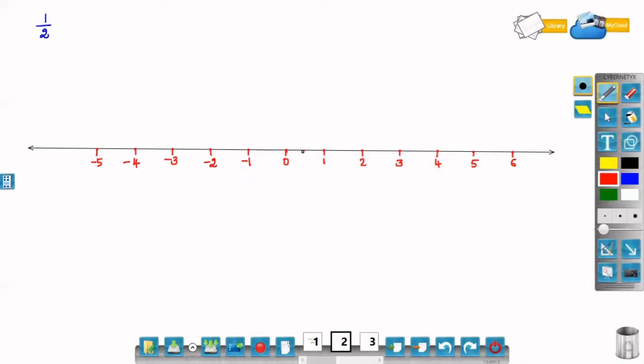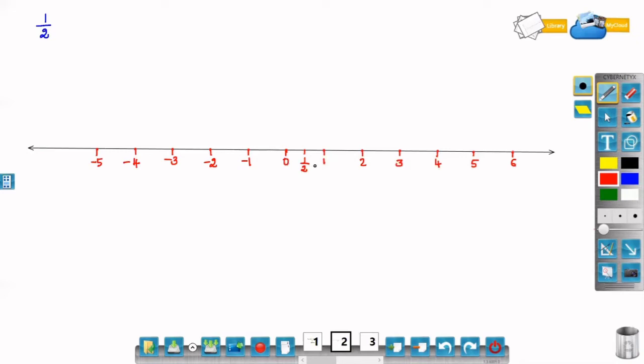We have made two parts between the integers. See, between 0 and 1 there are two parts. So first part is 1 by 2, and next part is 2 by 2, that is 1.